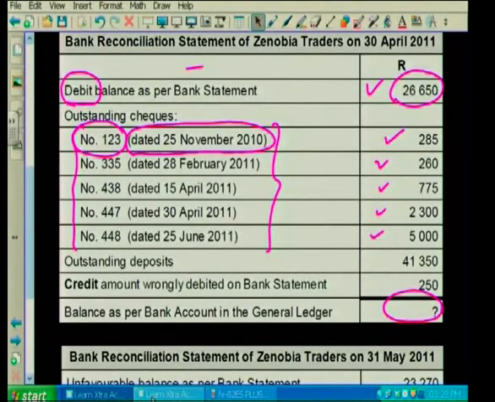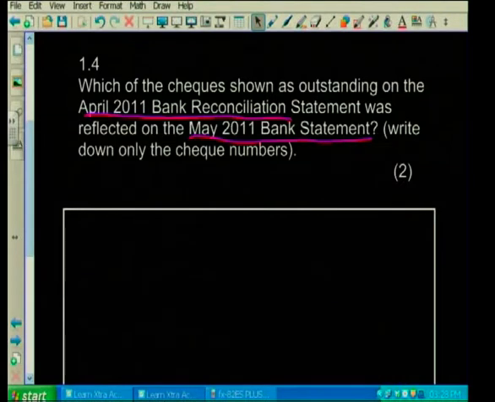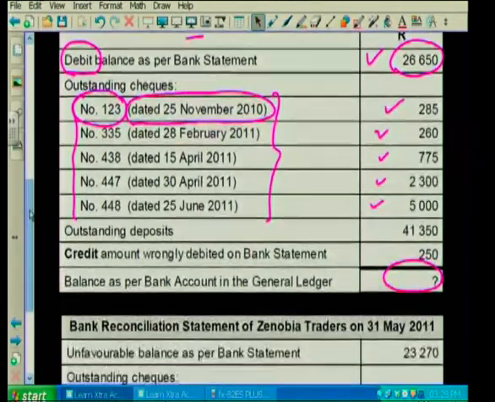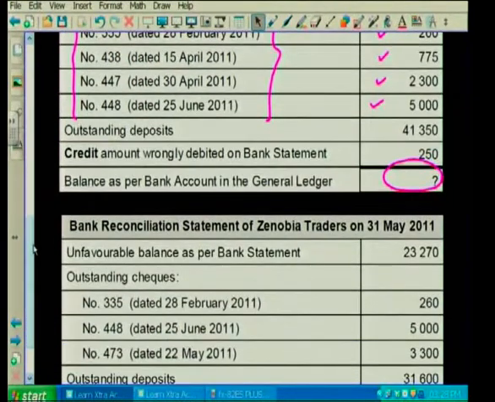So you know, here's my April bank recon, this one here, right? So it says, which of these checks, what about them? Which of those checks was reflected on the May bank statement? Write down only the check numbers. Let's go back and see what we have here. Now, take a note of this.